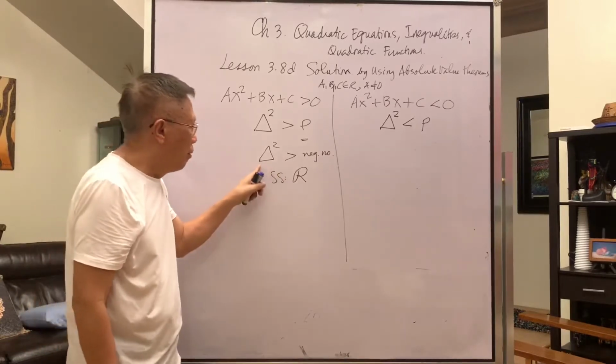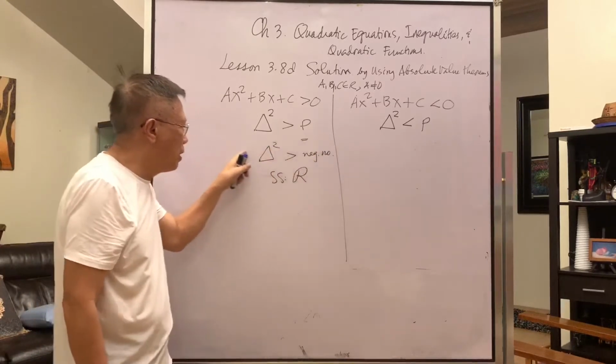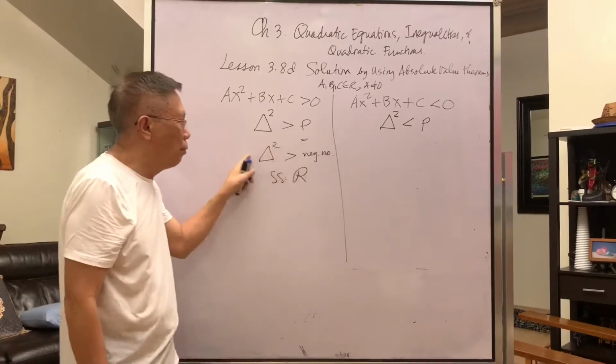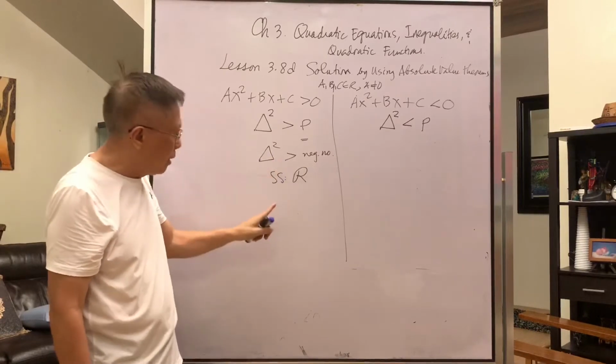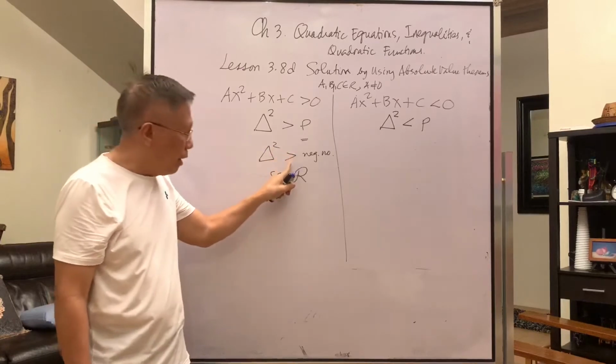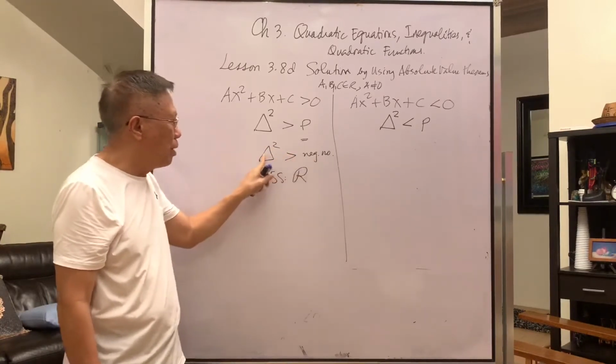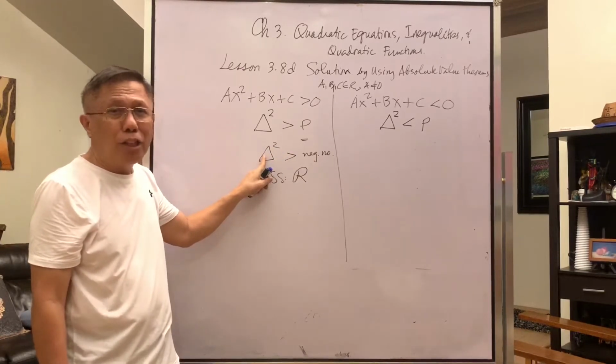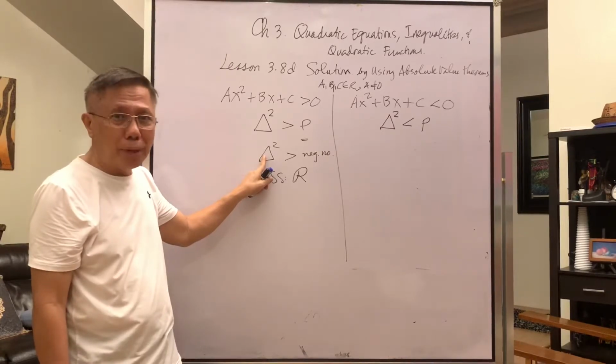Because now we have this statement which is always true. That is, a square is always greater than a negative number because a square can only be a non-negative number.